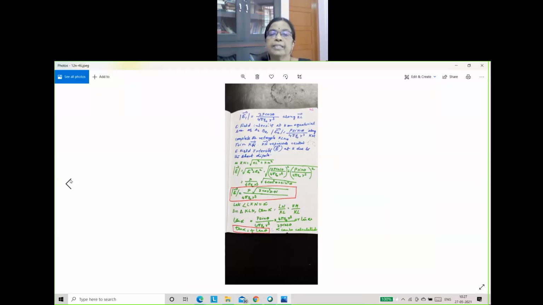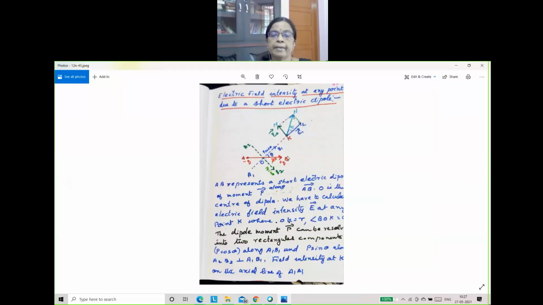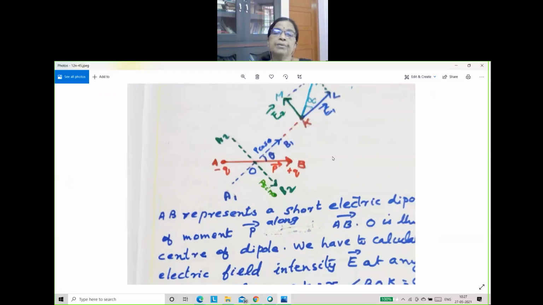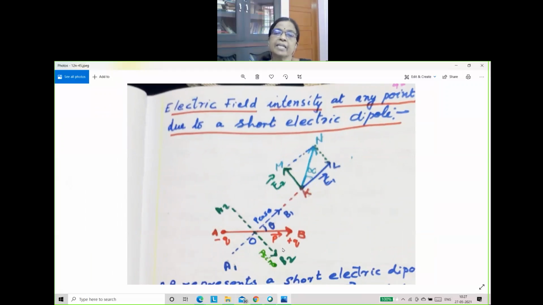See this figure, the magnitude we got is root of E1 square plus E2 square. By that method we got the magnitude of the resultant electric field KN. Next we have to find out alpha. This is the direction. What is the direction of the resultant with respect to E1? For that we find tan alpha.